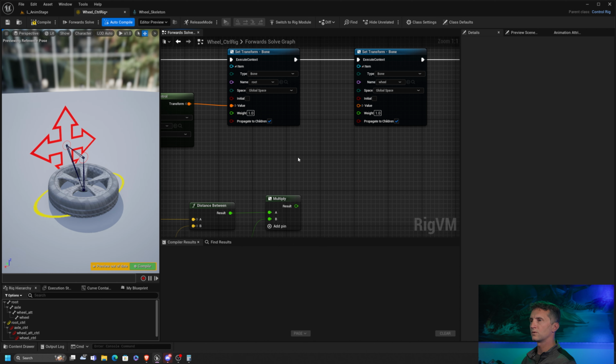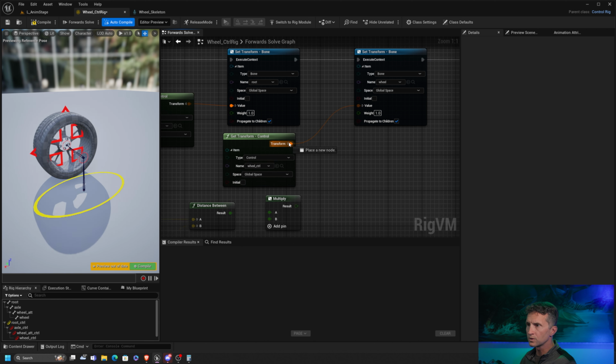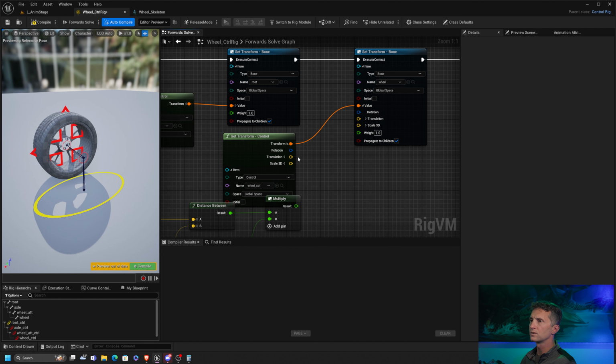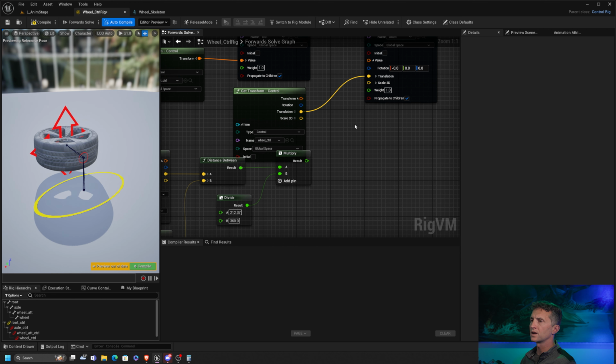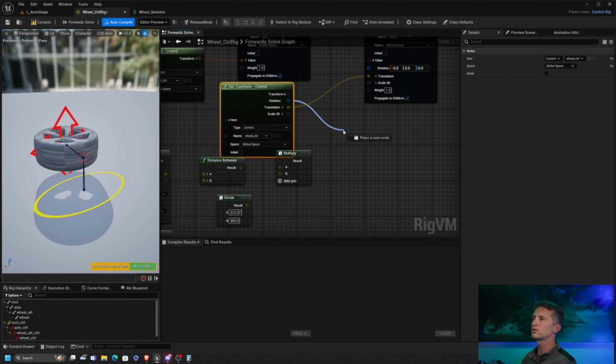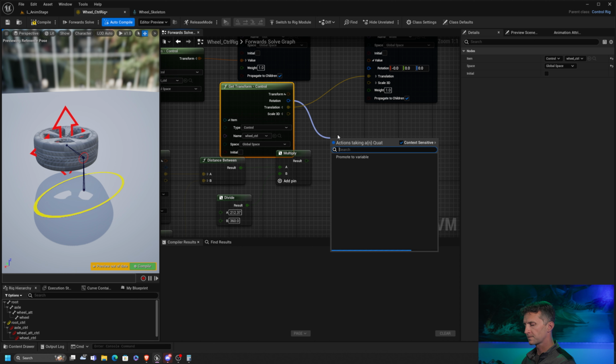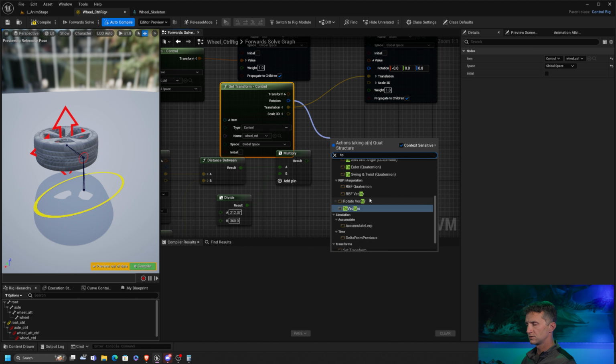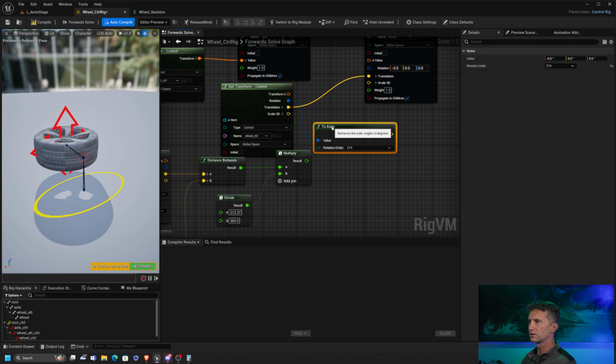I think what we want is the translation from the wheel control. And then our rotation is going to be the rotation of the wheel control to Euler, because we need to add to it.